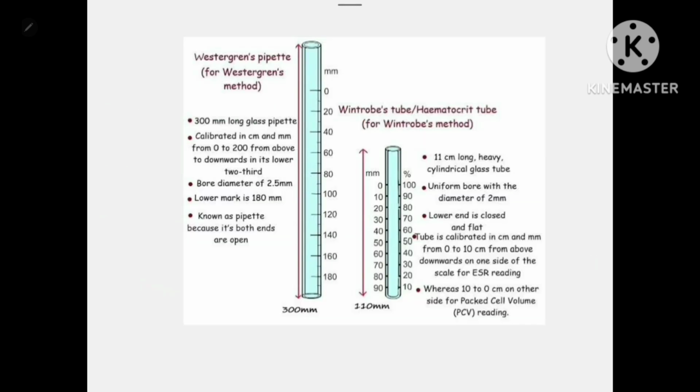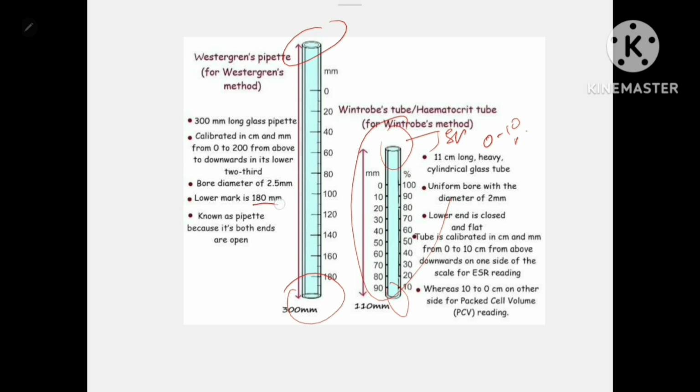So this is the difference between the Wintrobe's and the Westergren tube. The Wintrobe's tube, as I said, will be open at one end and closed at the other end, and the graduation will be 0 to 10. It is used for PCV, ESR and buffy coat. Whereas the Westergren tube will have both ends open. The Wintrobe tube is usually shorter, whereas the Westergren tube will be usually longer.